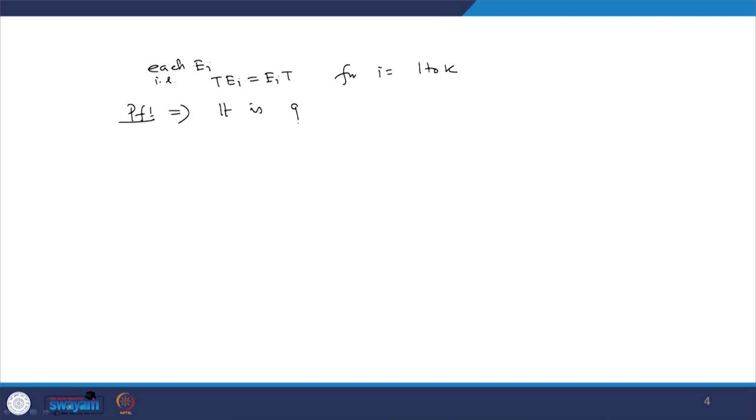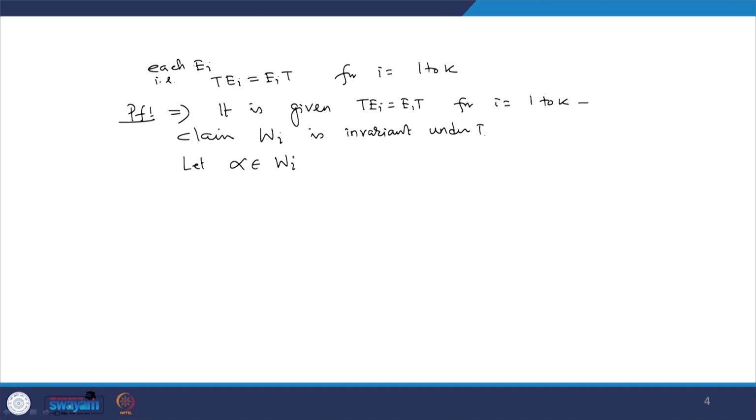It is given T commutes with each Ei. So, T of Ei equal to EiT for i equal to 1 to k, it is given to us. Claim: Wi is invariant under T. Let alpha belong to Wi.